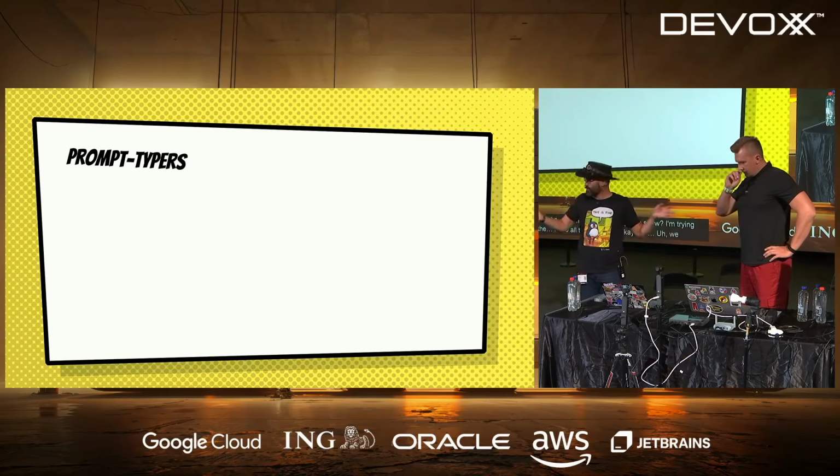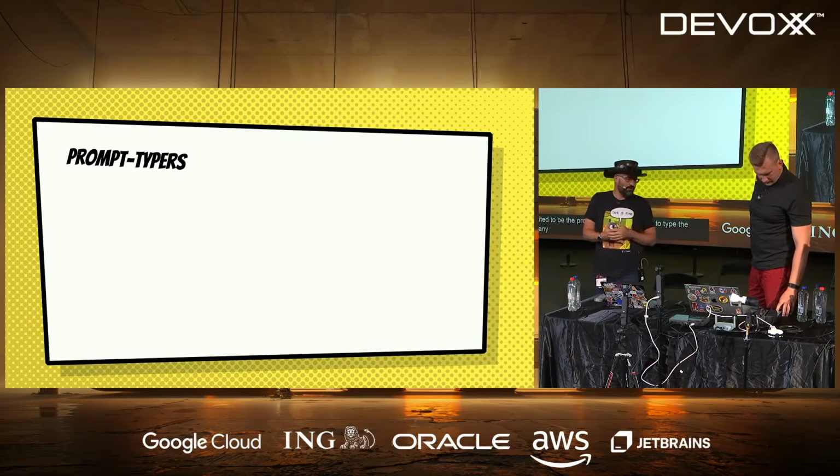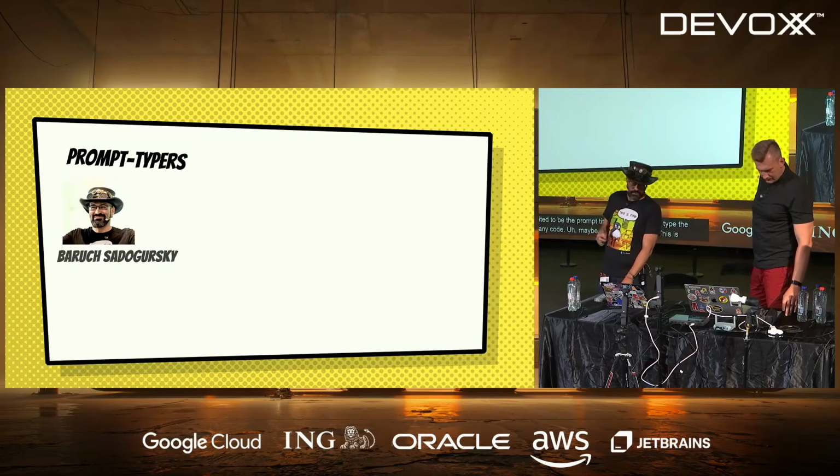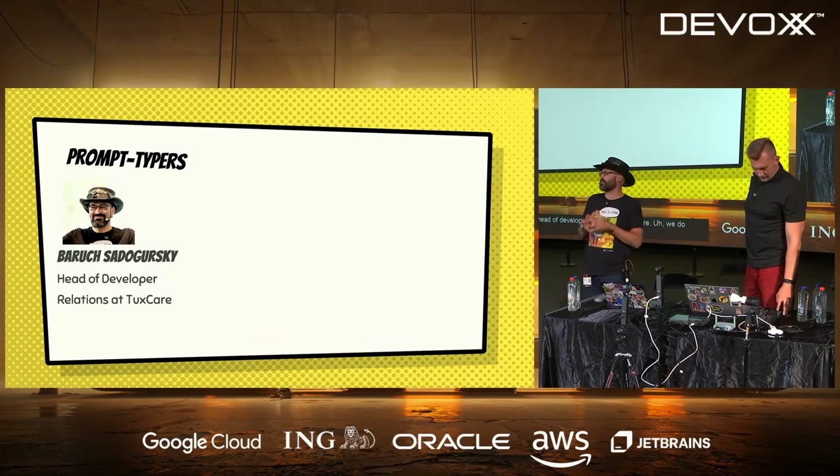So our job here is limited to being the prompt typers. We're going to type the prompts and not write any code. Maybe write some code. This is me, Baruch Sadogursky, head of developer relations at TuxCare. We do security patches for your open source software.